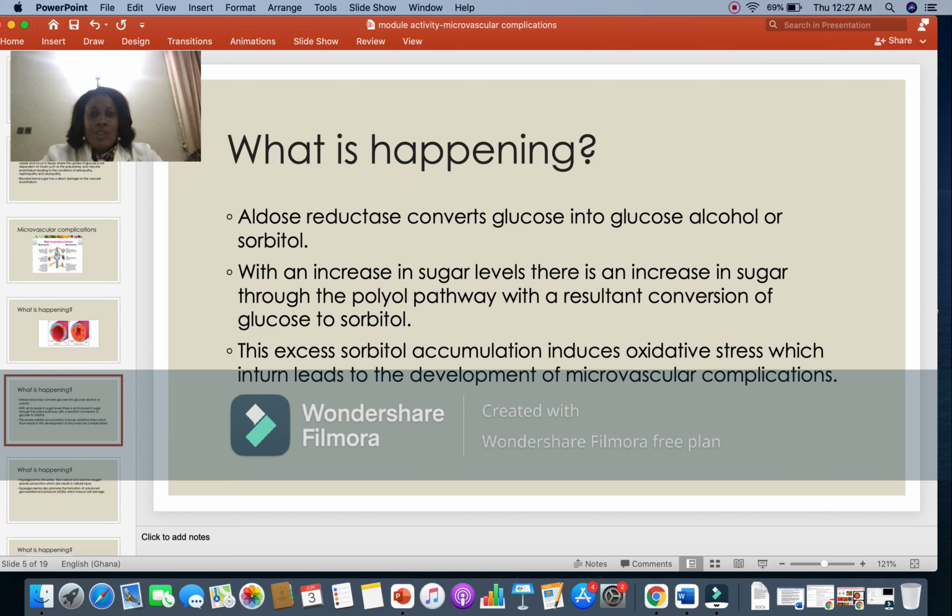Again, in the pathophysiology, blood glucose is converted into glucose alcohol, or sorbitol, by aldose reductase. When there's elevated blood glucose, there's an increase in the sugar flux through this polyol pathway, which results in conversion of more sorbitol. Excess sorbitol induces oxidative stress, which is one of the pathophysiological mechanisms by which these microvascular complications develop.